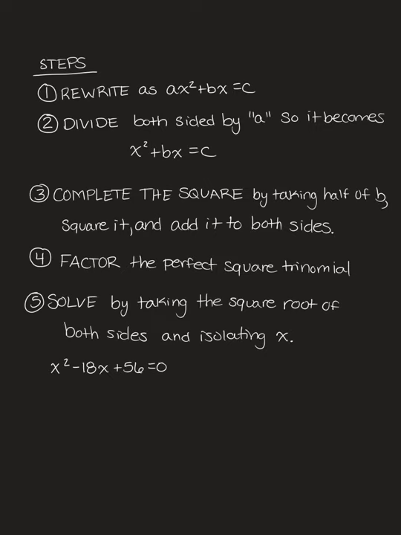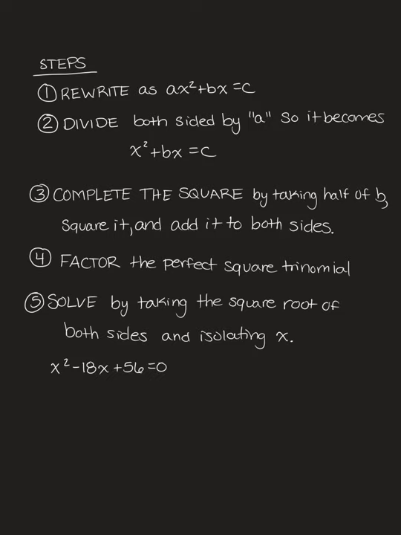So let's actually talk about completing the square. It does have a lot of steps, but I'm going to walk you through each of them. So your first step is to rewrite it as ax squared plus bx is equal to c. So you will move that constant to the other side of your equal sign.